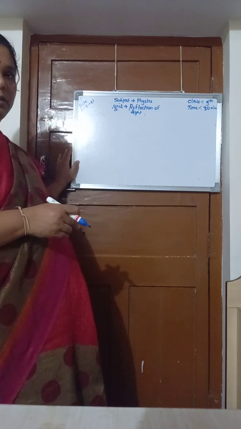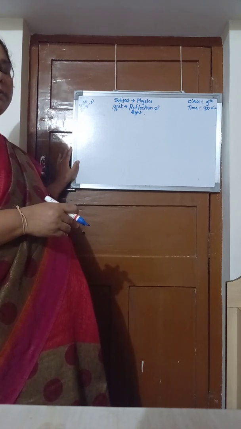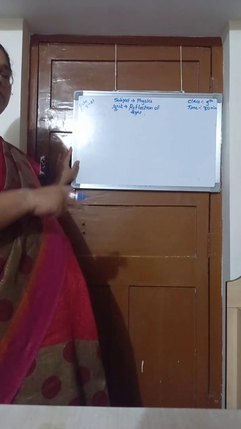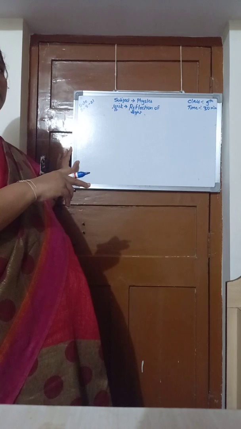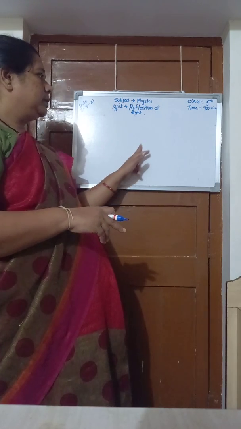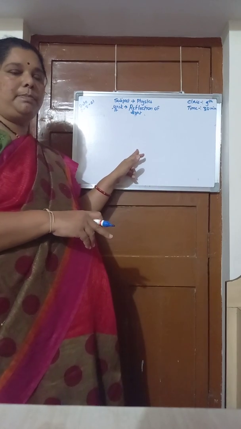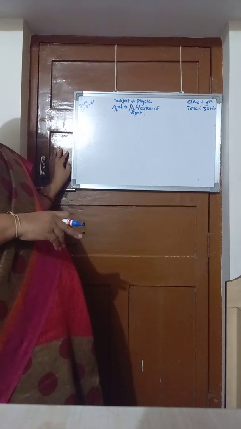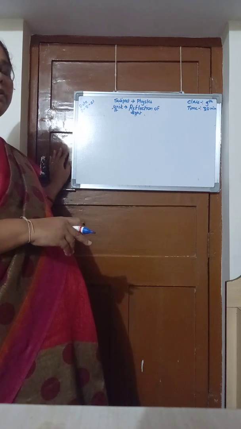Then the second term was center of curvature. Who will tell me the definition of center of curvature? Center of curvature is the center of the sphere of which the mirror is a part. Then radius of curvature.